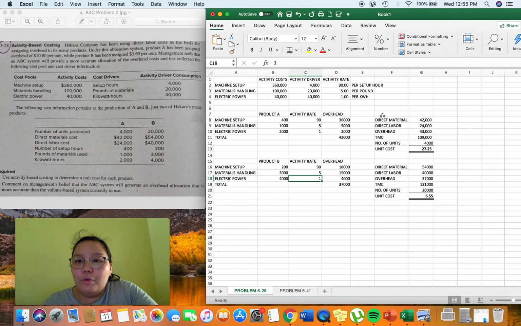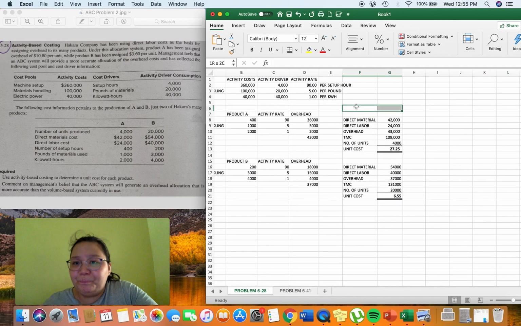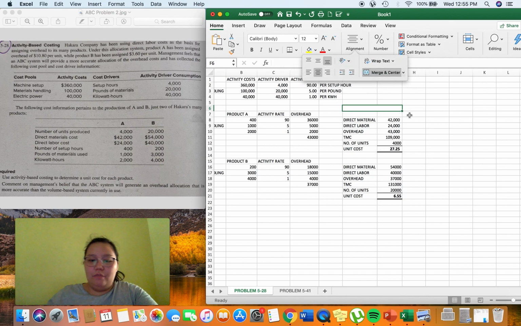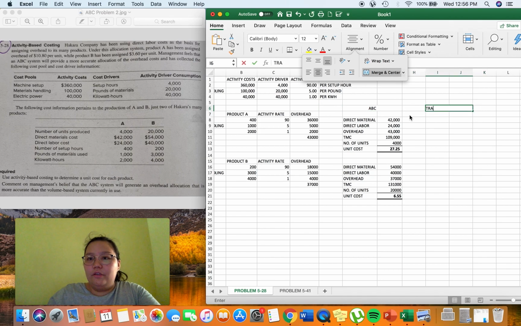Okay? So, this is the unit cost for activity-based costing. So, we will compare this hand in hand with the unit cost under volume-based or yung traditional costing natin. Okay? Sige, so wait. ABC. And then, this one naman is the traditional. Okay?